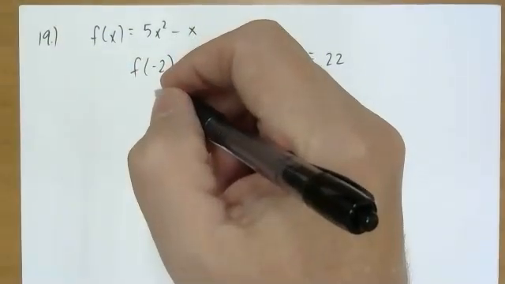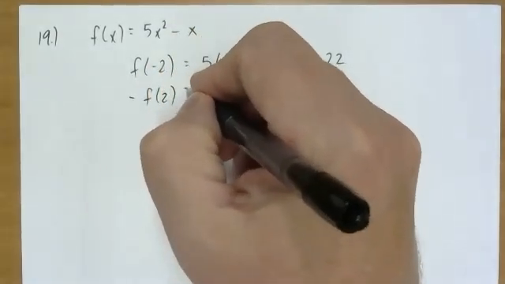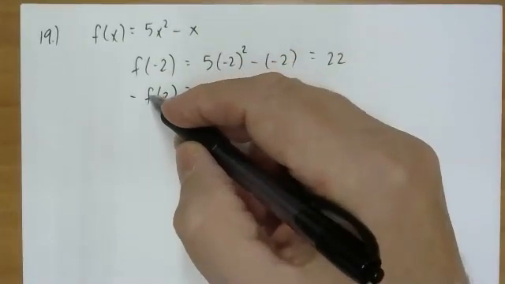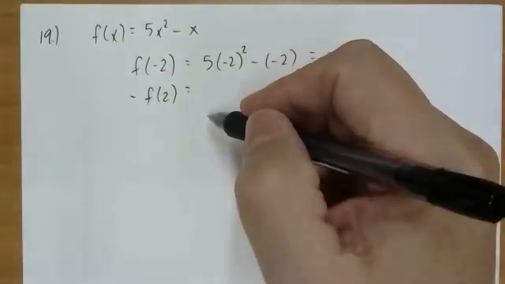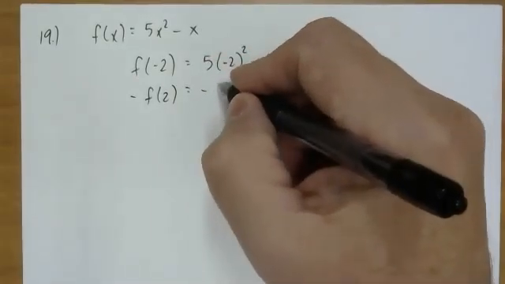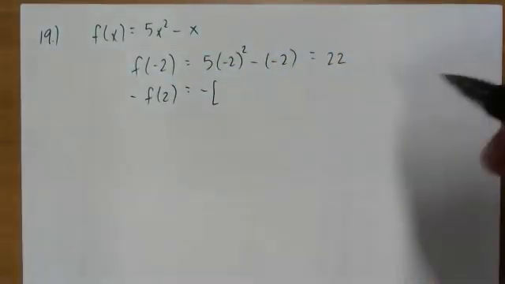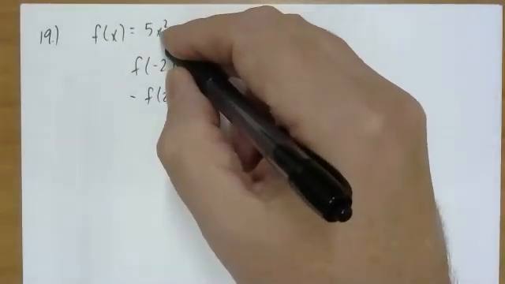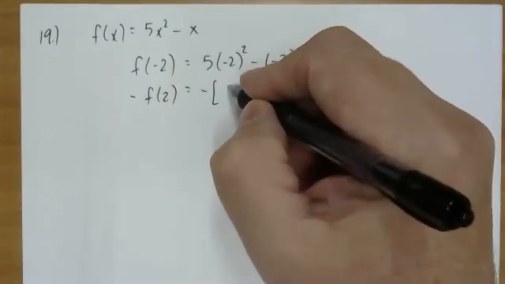Then they say negative f of 2. So this means I'm going to go figure out what f of 2 is and then tack on the negative sign. So sometimes what I do is put the negative here, then f of 2 is going to go in here. So f of 2, once again, in my f function, replace x with 2.